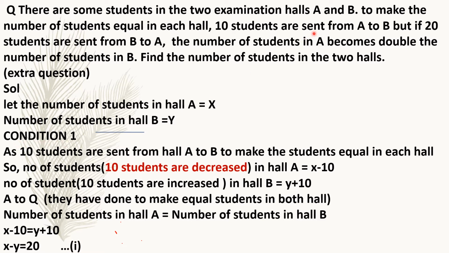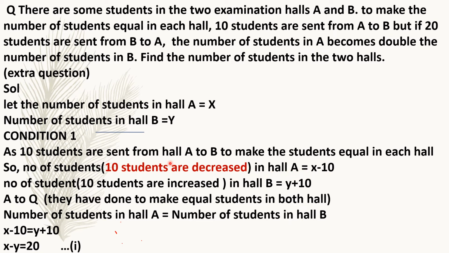What is given? It is given that to make the number of students equal in each hall, 10 students are sent from A to B. As 10 students are sent from hall A to B, it means that 10 students have decreased in hall A. So the number of students in hall A after sending 10 students is equal to x minus 10.